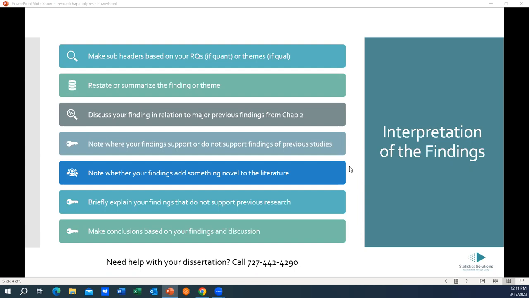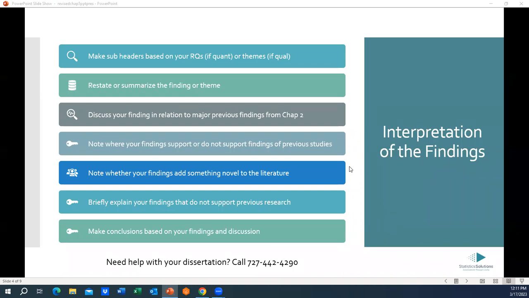But if your findings don't confirm previous research, that suggests that there's still inconclusiveness about the topic, right? You found this, however, previous research shows something else. So that means further research probably needs to be conducted in the area to get more information, more confirmation. You can allude to that here, but then you want to talk about those recommendations for further research in a later section in the chapter.